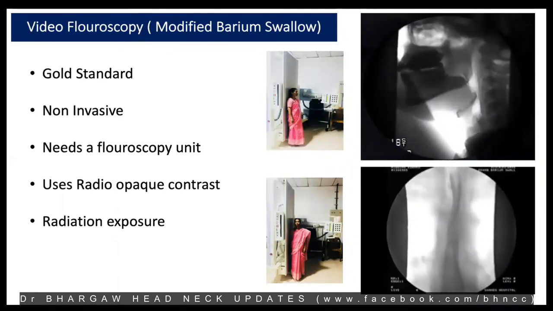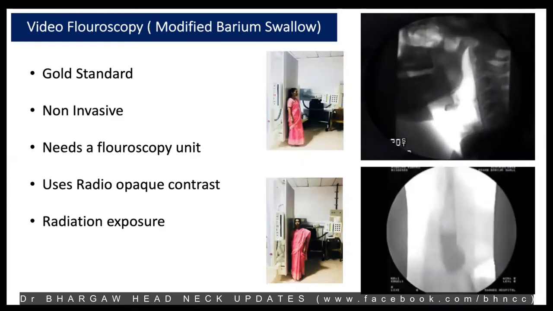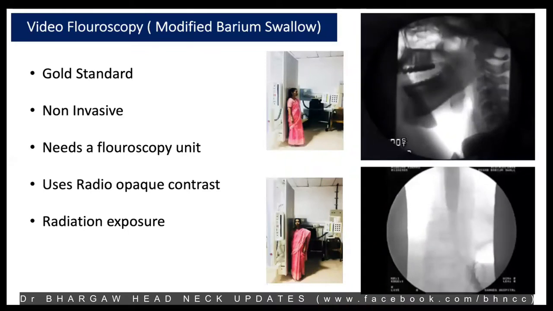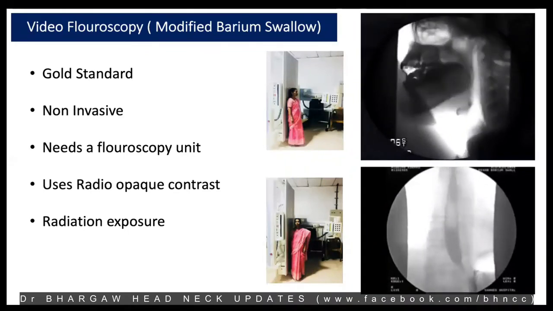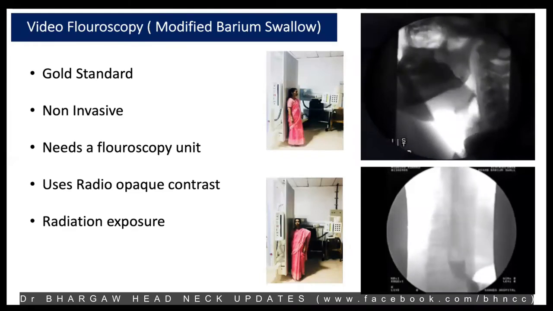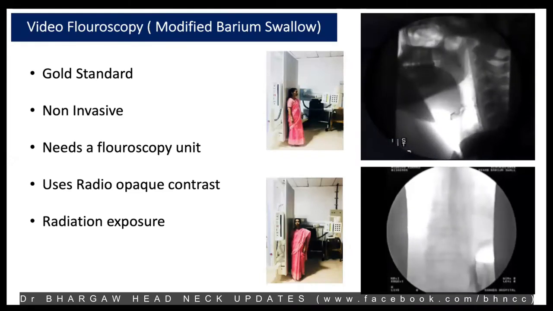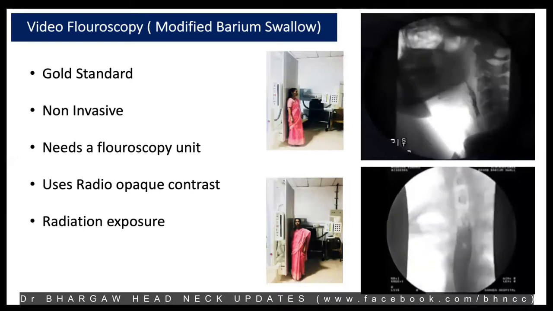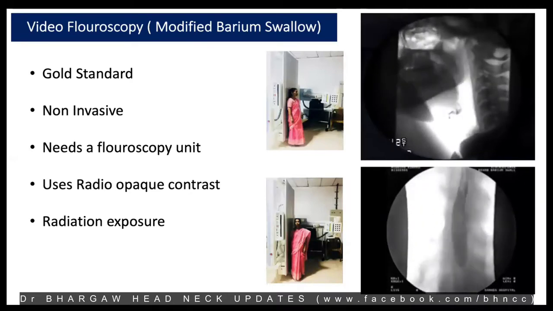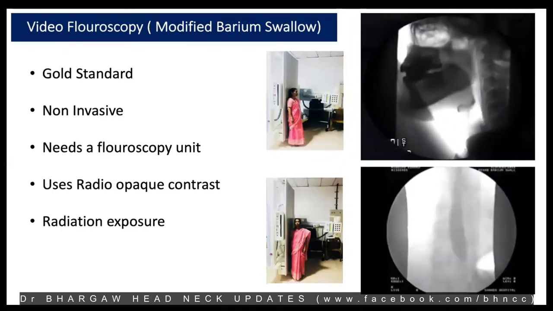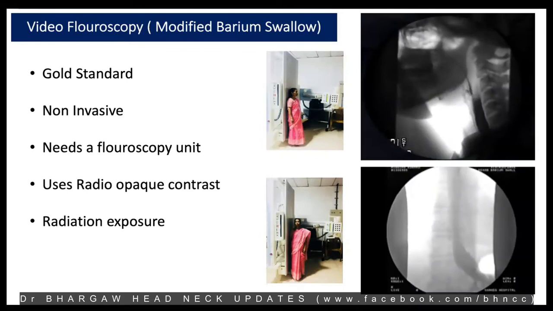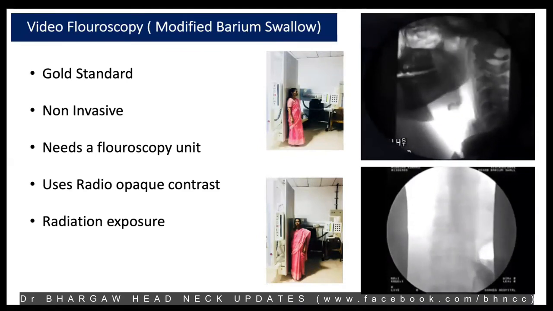The other type of investigation is video fluoroscopy. I think it's still supposed to be the gold standard of swallowing assessment because it gives a very complete picture of the whole aerodigestive tract, and it is very easily seen in the lateral view. It is non-invasive. You don't put any camera inside the nose. However, it needs a fluoroscopy unit, and you need a radio-opaque contrast such as barium or sometimes gastrografin to assess how the food bolus passes down.